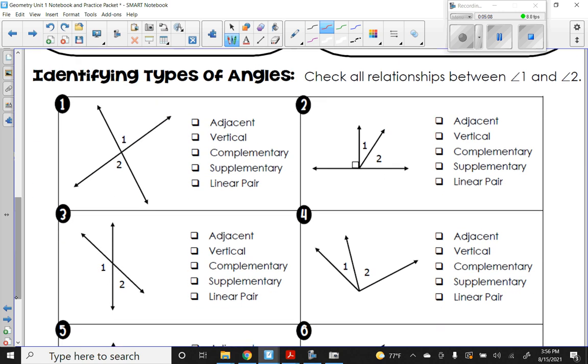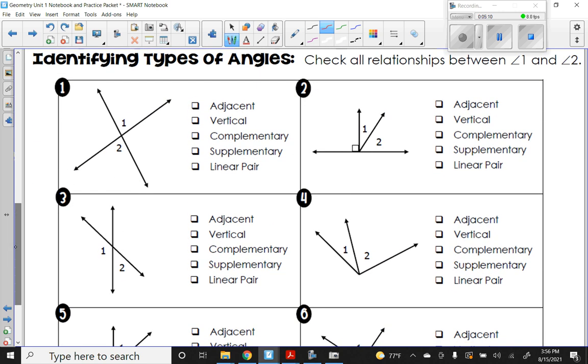All right, so let's take a look at these 6 pictures and let's see which ones qualify. Number 1, I'll give you 3 or 4 seconds to try it. What you should have put for number 1 is vertical. That is the only one that works. Some of these, more than one option could work sometimes.